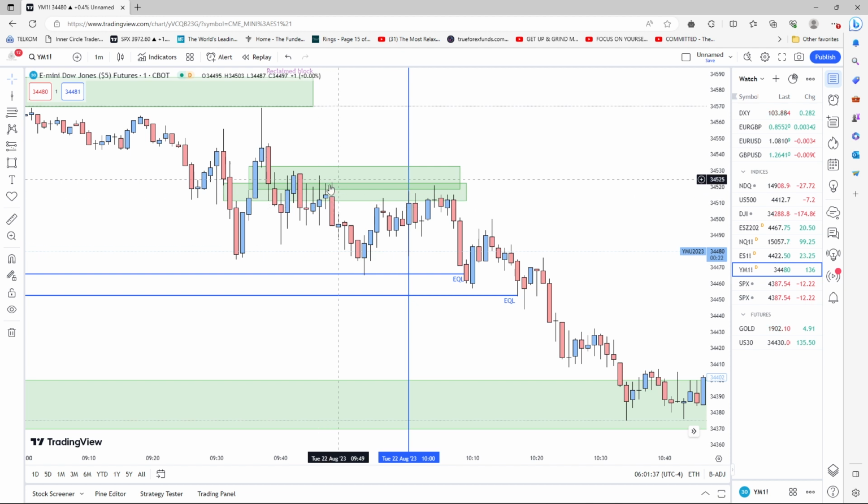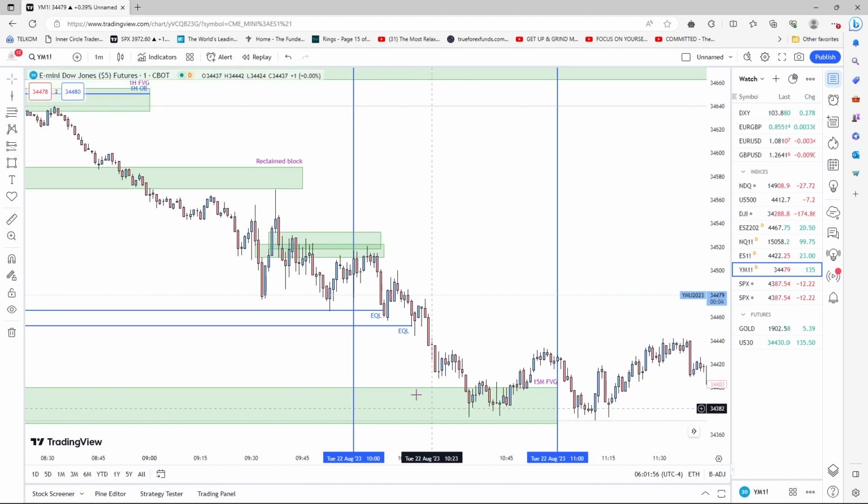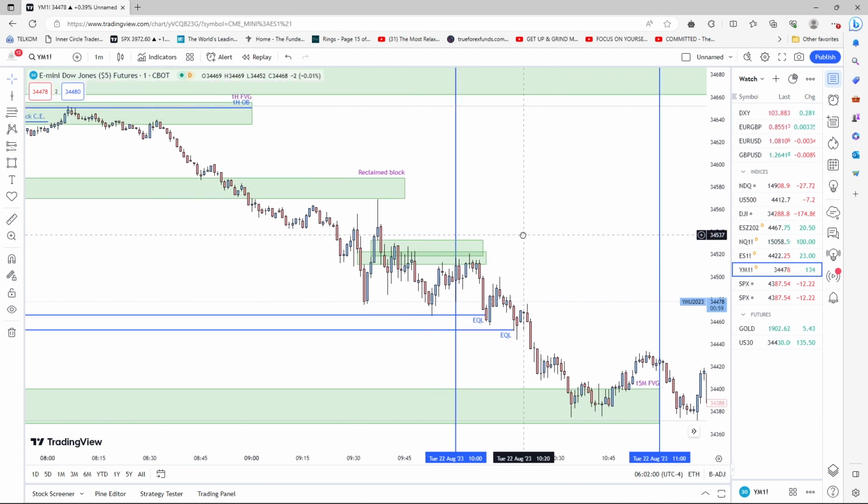It just dropped, moved down lower, and then I would be looking at these fair value gaps over here. These ones, they would have been ideal for me to take a short position to target these lows down here and ultimately take a target down into that 15-minute fair value gap I showed you.